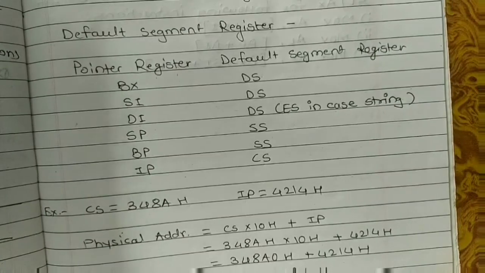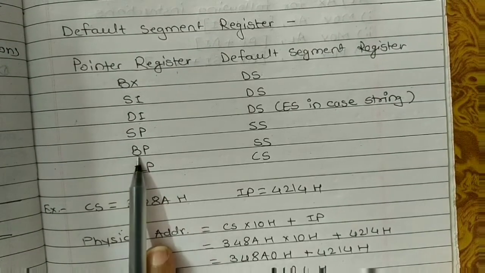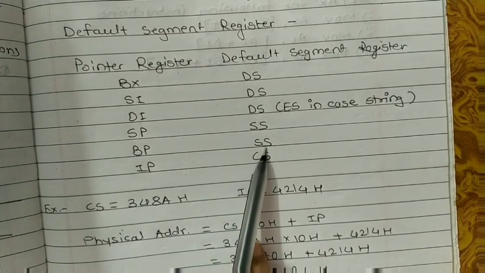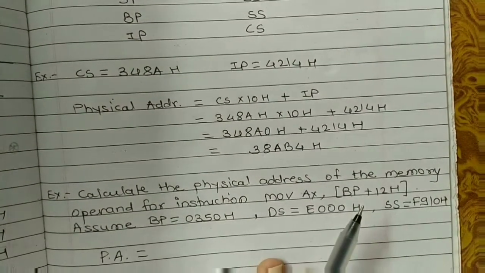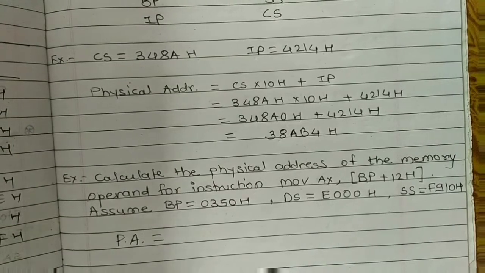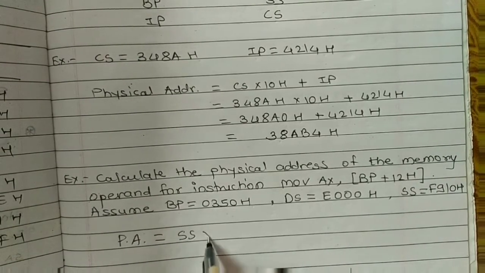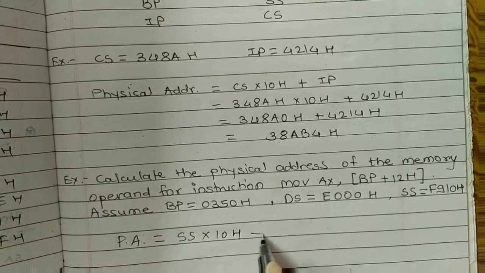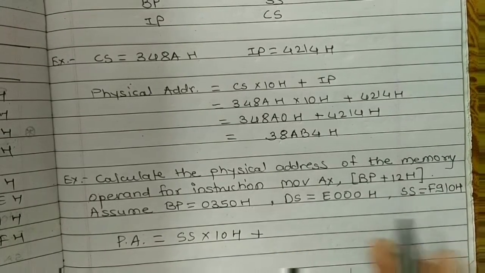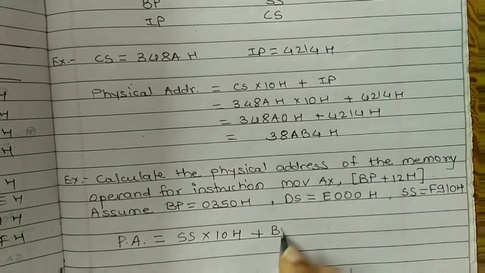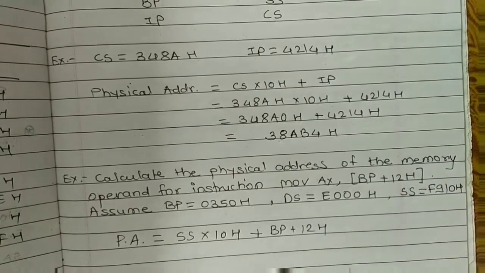In this table you can observe for BP we are having segment register SS, means here we have to use physical address is equal to SS into 10H plus the effective address, that is nothing but BP plus 12H.